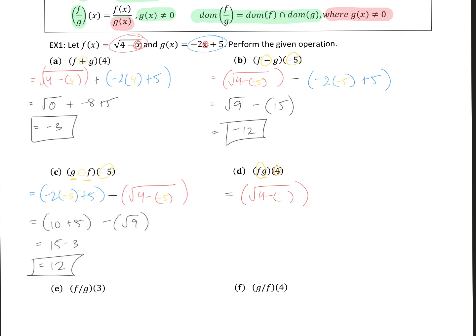Let me color that red. And multiplication, so I'm just going to go ahead and keep my parentheses. Minus 2 times whatever my input is, plus 5. 4 again is my input. So that's going to be the square root of 0, which is just going to be 0, times negative 8 plus 5, which is negative 3, which is going to be 0.